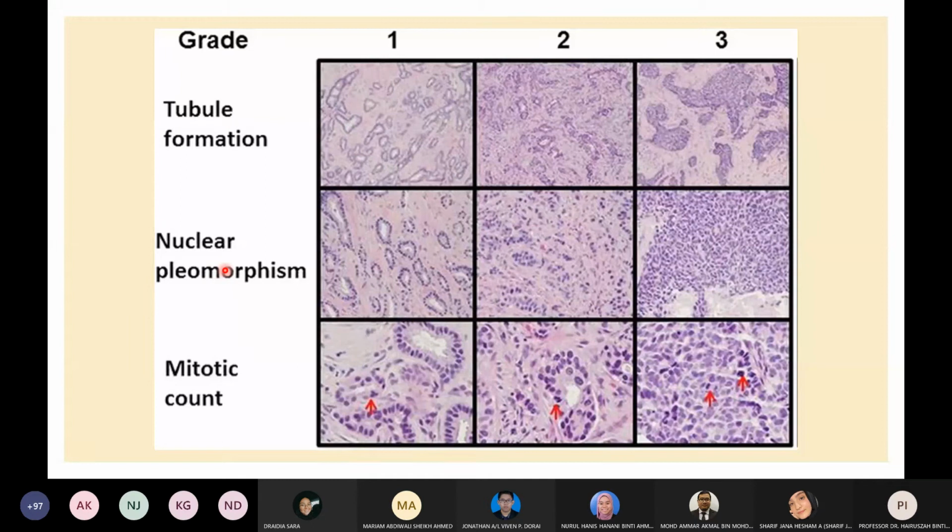How bad looking or ugly are they? If they're quite uniform, 1. They start to be bigger, abnormal, 2. When they're very, very abnormal, it is 3. Next you do the mitotic count. Very few, grade 1; 2 is intermediate; and 3 is when the mitosis is all over the tumor cells. I hope you get this clear.